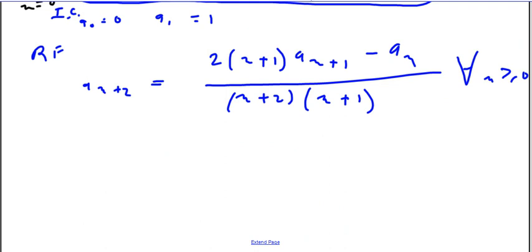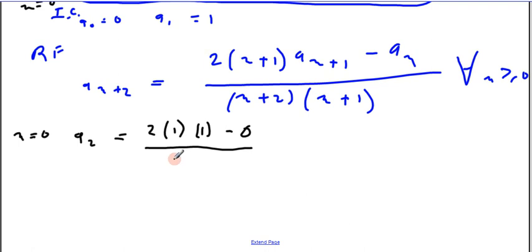Okay, so I put in my first n equal to 0, and I get a2. And a2 is equal to 2 times 1 times a1, which is 1, minus a0, which is 0, divided by 2 times 1. So I get a2 is equal to 1.